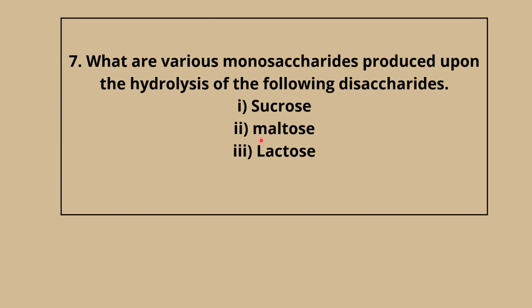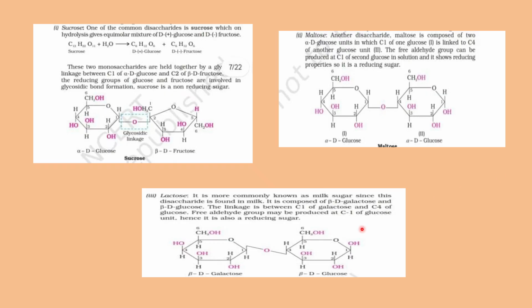Upon the hydrolysis of maltose, we get 2 units of alpha D glucose. And for lactose, they have asked earlier also, what are the units? You can refer to your NCERT book for this. For lactose, we get beta D galactose and beta D glucose.